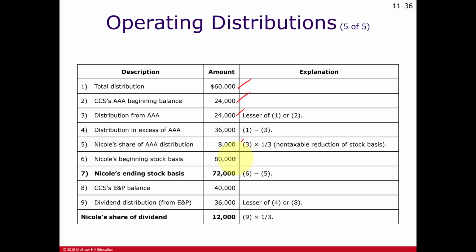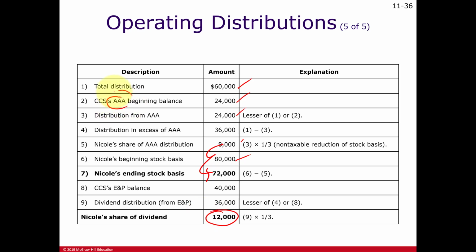Then here's the basis of her stock, and we used up 8,000, so now what's left over is $72,000, and she's still getting more money than the $8,000, right? She's getting $20,000. So the next $12,000 is coming not from the AAA.